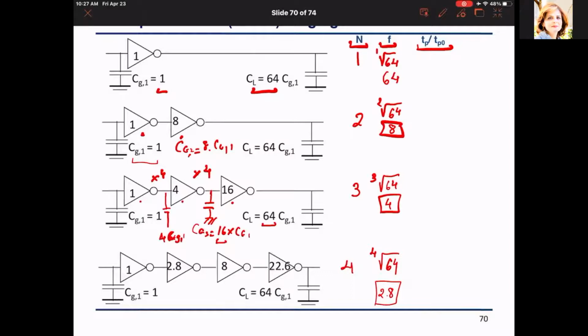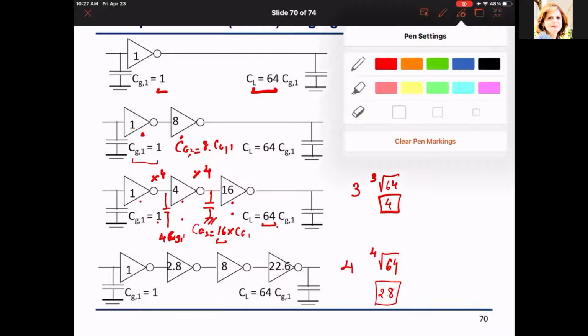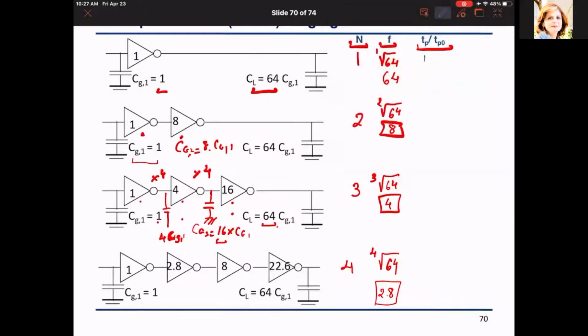Every time the size grows, the capacitance proportionally grows by the same ratio. If I start with 1, 4, 16, I end up with 64. The same for the last stage. Now, how do we write the equation of the delay? What is the delay? I know that TP equals the sum of n times TP0, right?